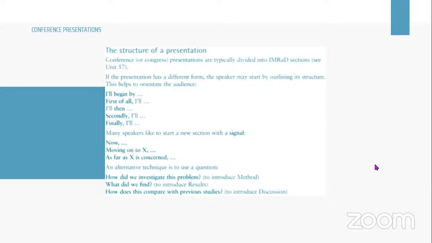If the presentation has a different form, the speaker may start by outlining its structure. This helps to orientate the audience. For example, I'll begin by, first of all, I'll then, secondly, or finally, I.